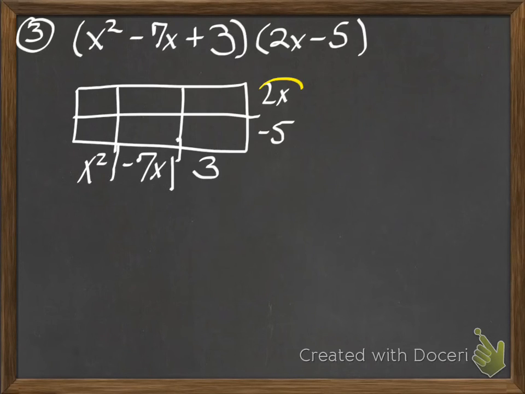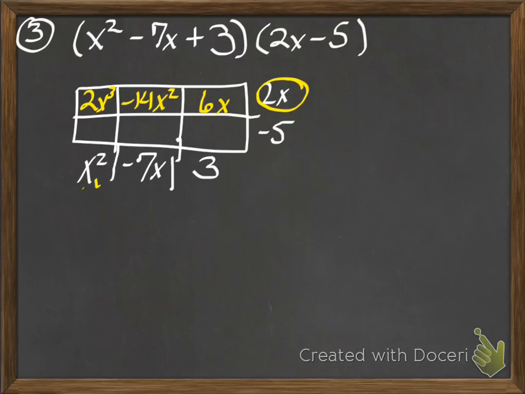And so we are going to multiply this 2x times each of the terms down here. So 2x times x to the second is going to give us 2x cubed. 2x times negative 7x is going to give us a negative 14x squared. 2x times 3 is going to give us 6x.